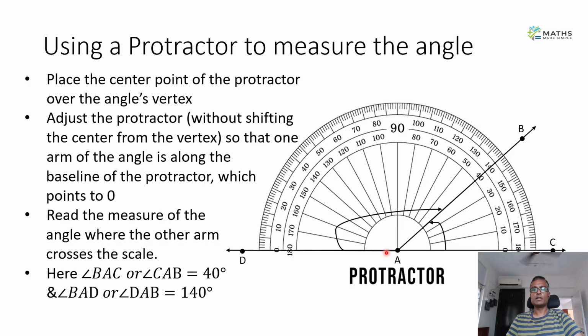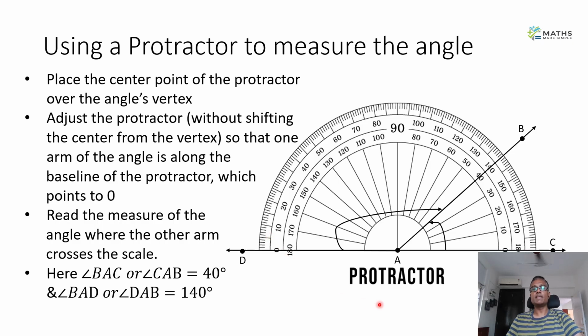Make sure that when you align your protractor, you use the scale wherein the 0 aligns with one of the arms of the angle. So in this case, while measuring angle BAC, we need to use the inner scale that starts from 0. And while measuring angle DAB, we need to use the outer scale that starts from 0.